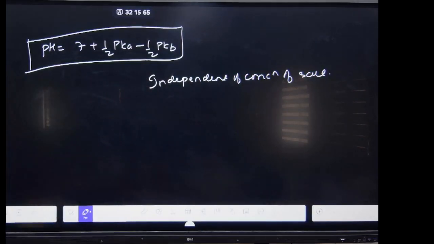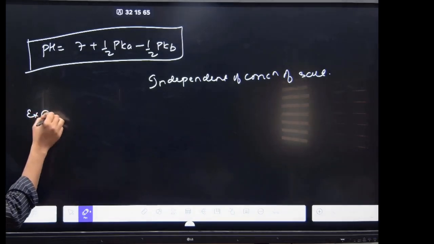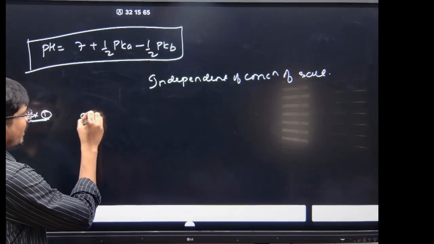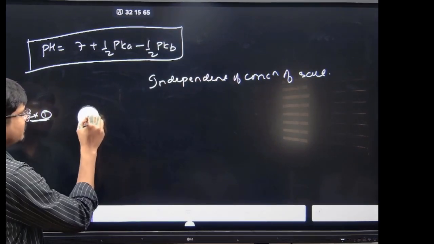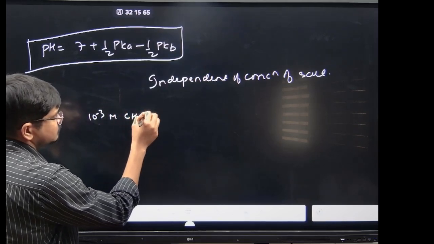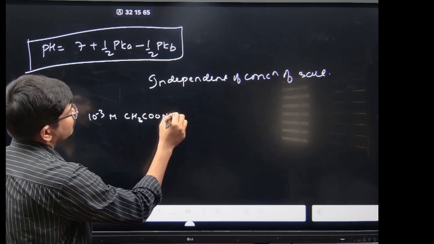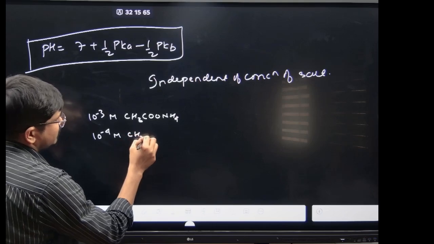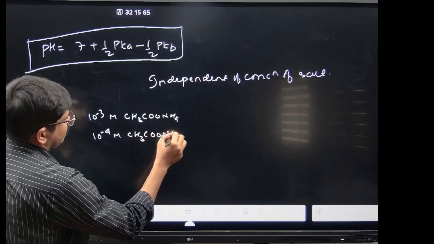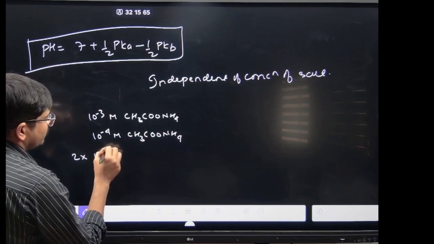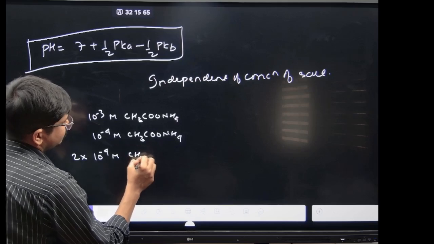For example, suppose you have 10 to the power minus 3 molar ammonium acetate, or 10 to the power minus 4 molar ammonium acetate, or 2 into 10 to the power minus 4 molar ammonium acetate.